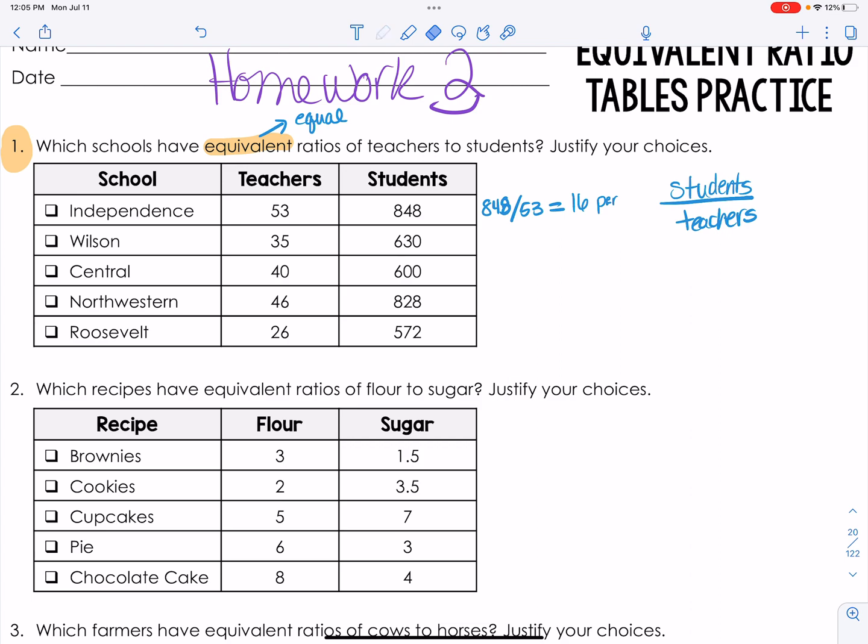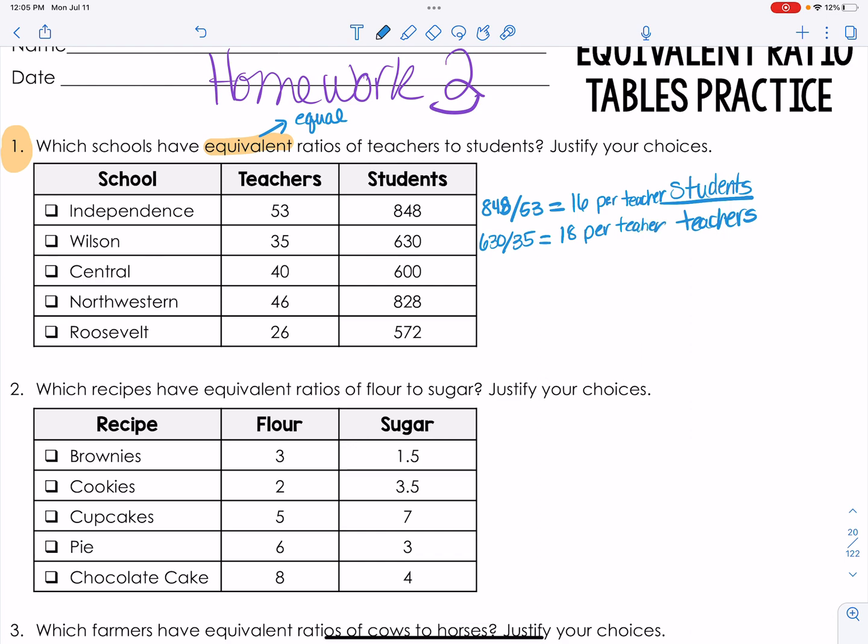Why am I losing my brain today? I'm going to show you in a second, it doesn't really matter how you divide. Then I'm going to do 630 divided by 35, and my answer right there is 18 per teacher. So each teacher has 18 students at this school.